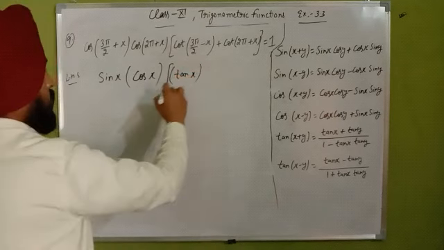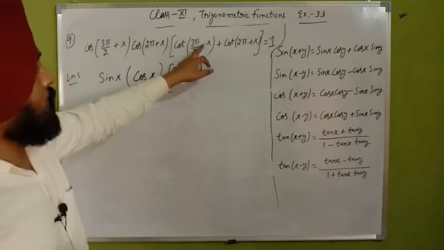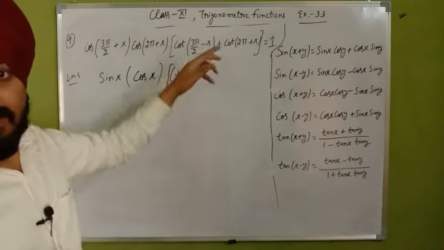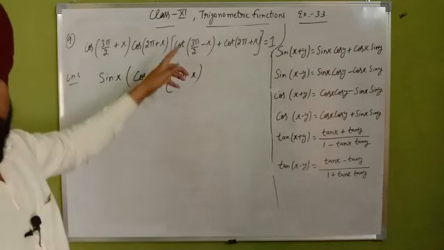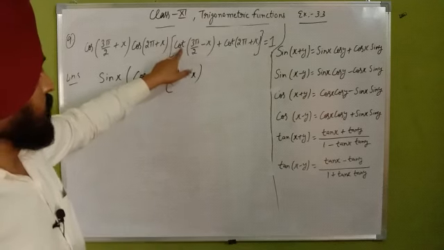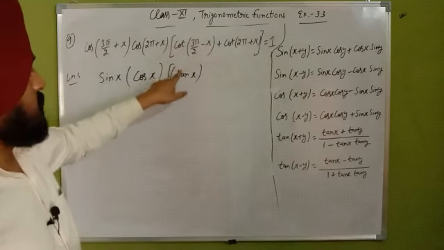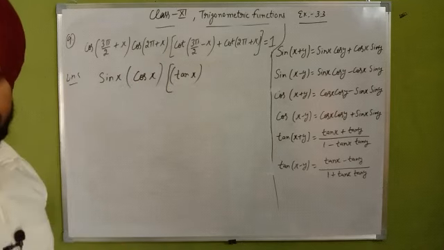Now check there, 3 pi by 2 again is 270 degree, 270 minus x, that means in the third quadrant. In the third quadrant is cot positive or negative? After school to college, tan and cot both are positive in the third quadrant, so this cot will turn to tan and it will remain positive because cot in the third quadrant is always positive.